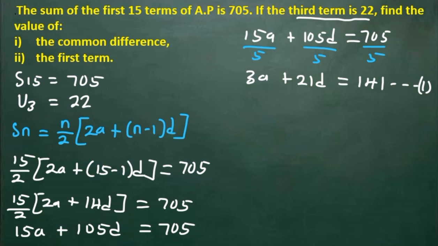Also, we are told that U3 is 22, and we know that the third term is going to give us a, the first term, plus 2 times the common difference equals 22. Alright, so you can call this equation 2.